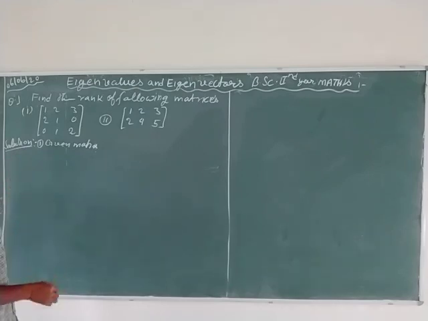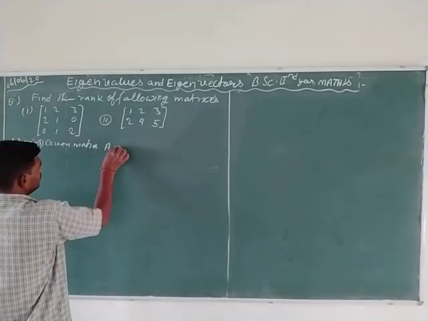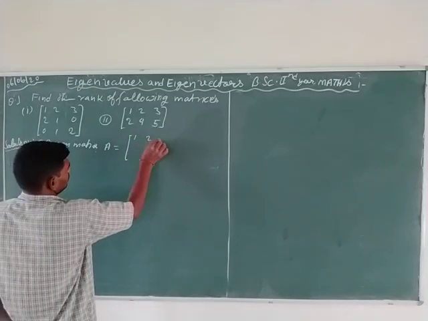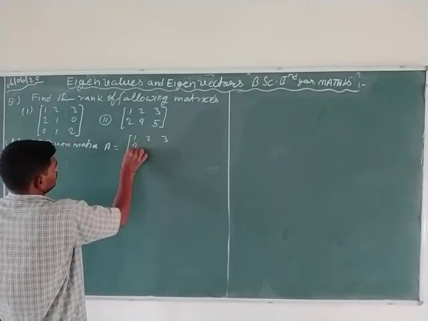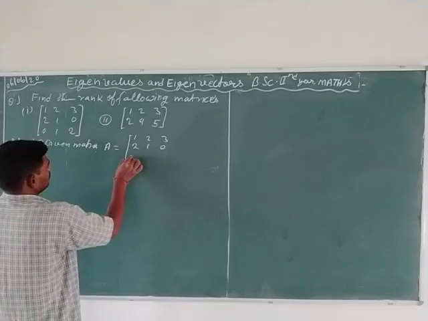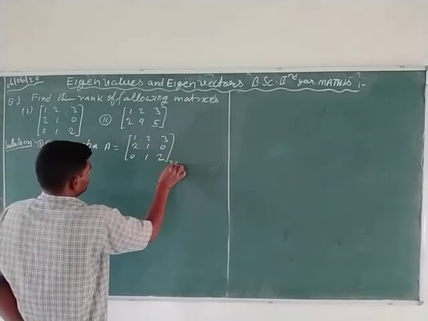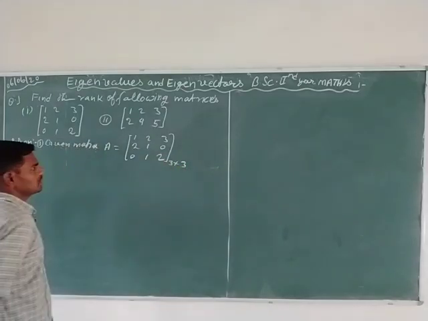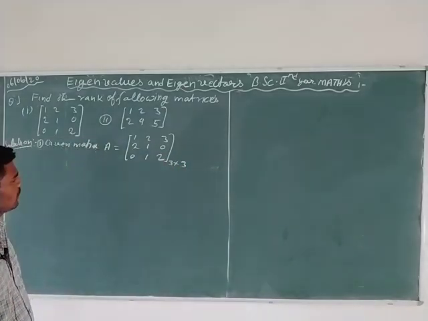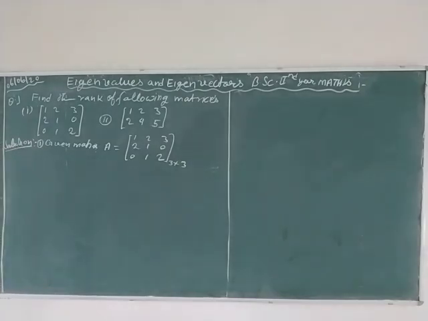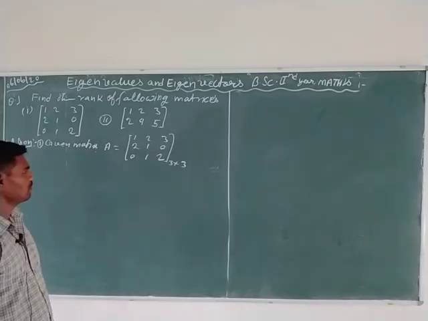Suppose the first given matrix is capital A, which is the matrix 1 2 3, 2 1 0, 0 1 2 of 3 by 3 order, in which the first row is 1 2 3, the second row is 2 1 0 and the third row is 0 1 2. This is a 3 by 3 order matrix.